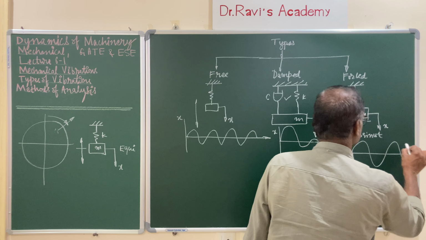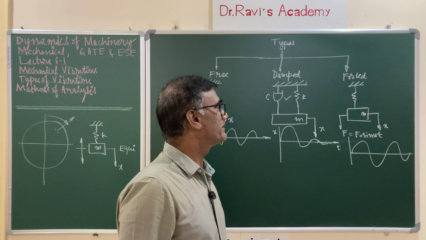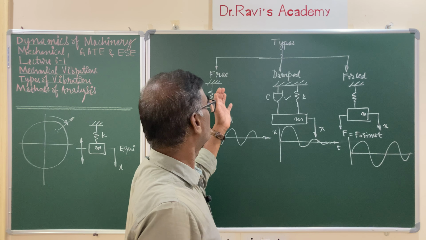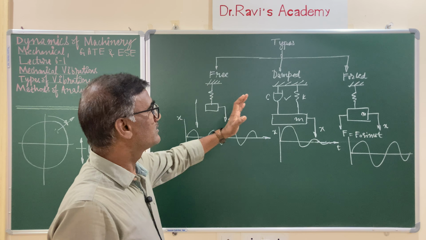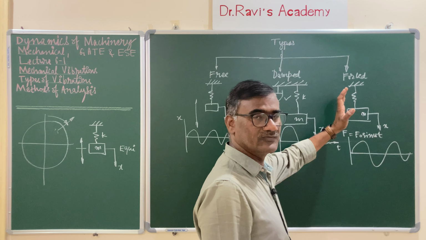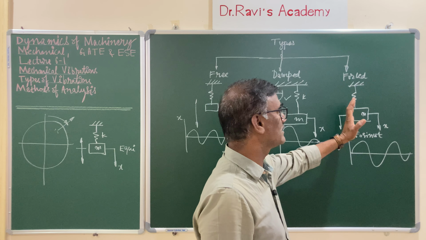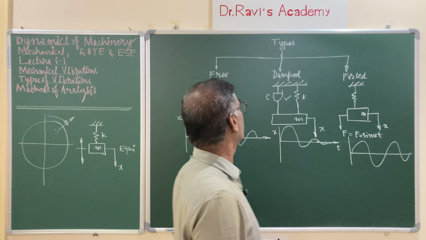You can see that it is going to be maintained like this. So these are classified depending upon the external force: acting only at one instant, you have a damper in the second case, and the external force acting continuously or periodically, harmonically on the body is the third type of vibrations.